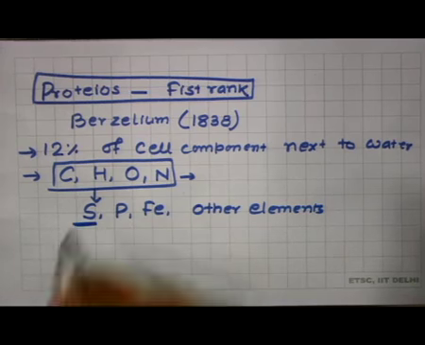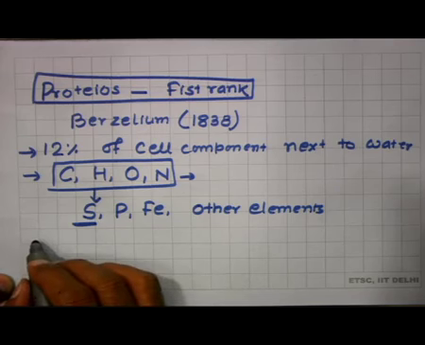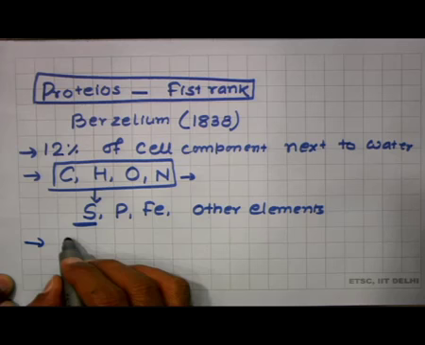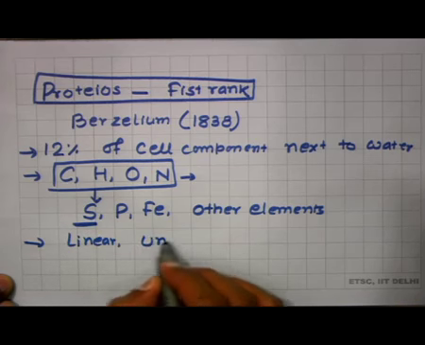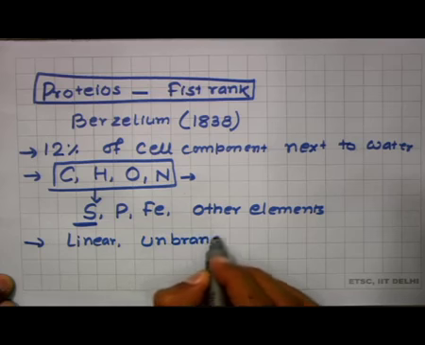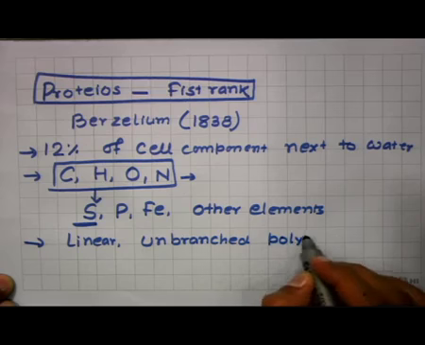If protein has a sulfur group, that is called sulfur containing amino acids. We will discuss later on. Proteins are generally linear unbranched polymers of amino acids.